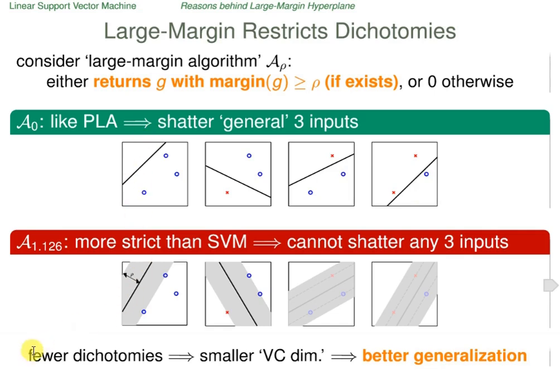This means fewer dichotomies, fewer effective hypotheses, which results in a smaller VC dimension, right? VC dimension is related to the complexity or power of your hypothesis. So higher VC dimension means a higher probability of overfitting, while a smaller VC dimension leads to better generalization. Okay?